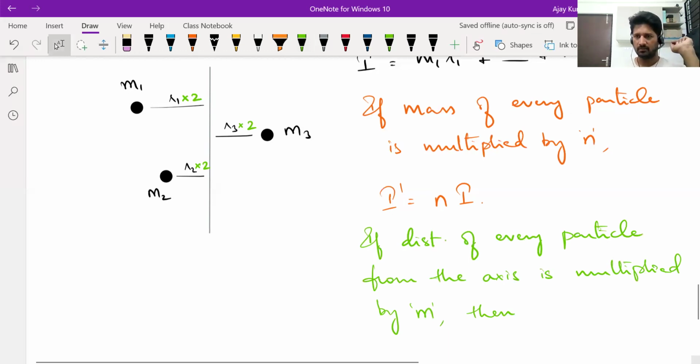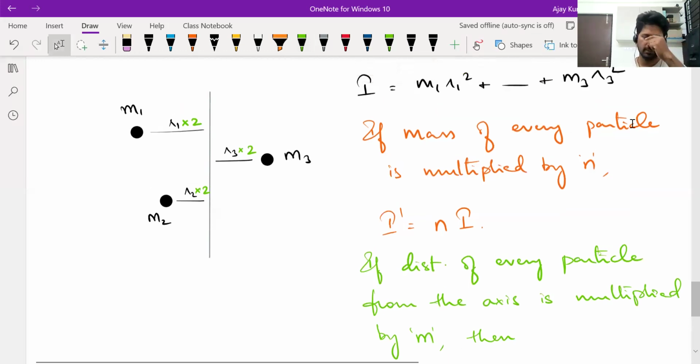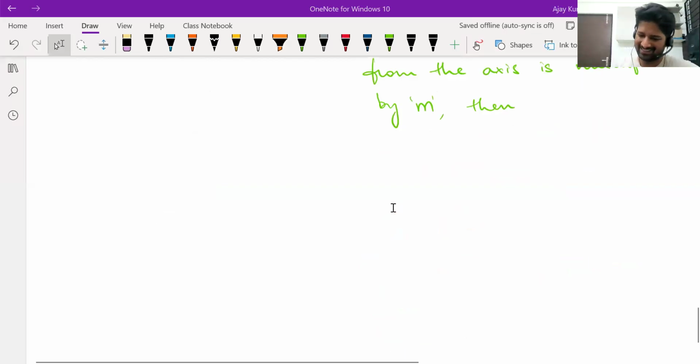If all distances are doubled, what happens to the moment of inertia? Sir, it increases by 4 times. It gets multiplied by 4. See, you should not say increases by 4 times. Okay, let us discuss this point in detail.